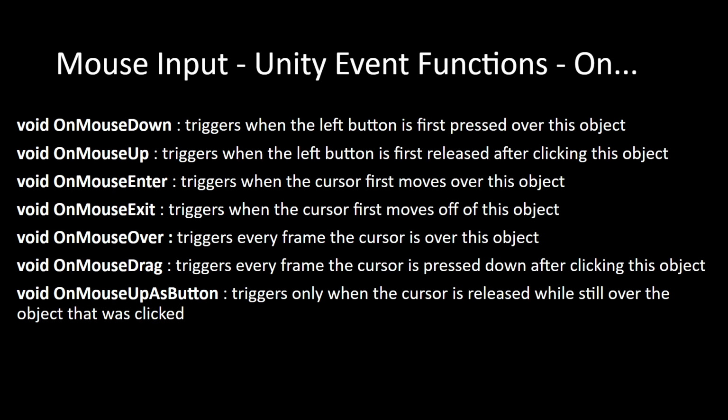So on events are object specific, whereas input events are just polling the state of the hardware. So with on events, they become object specific. So then we can start to see, okay, was this object clicked on? Was this object selected?